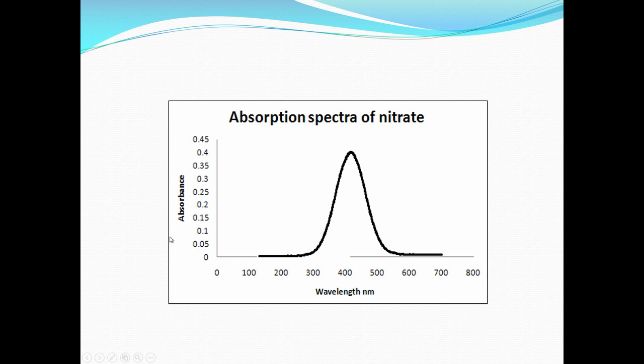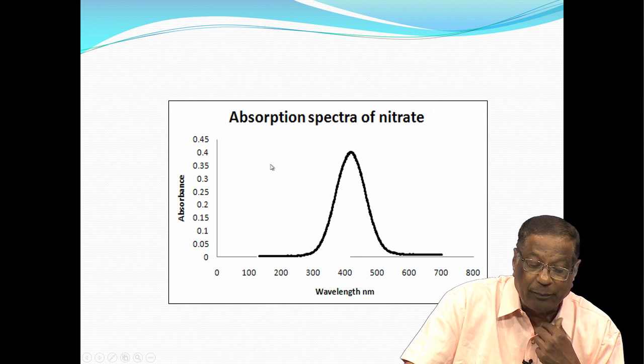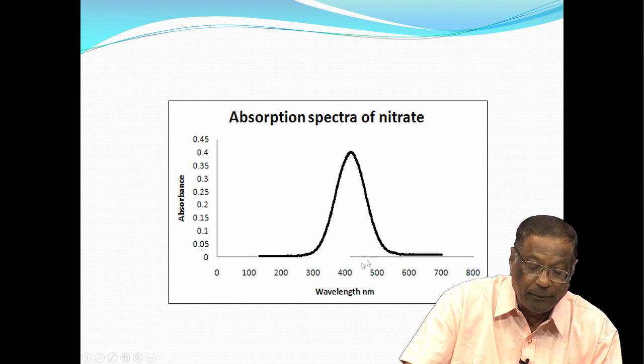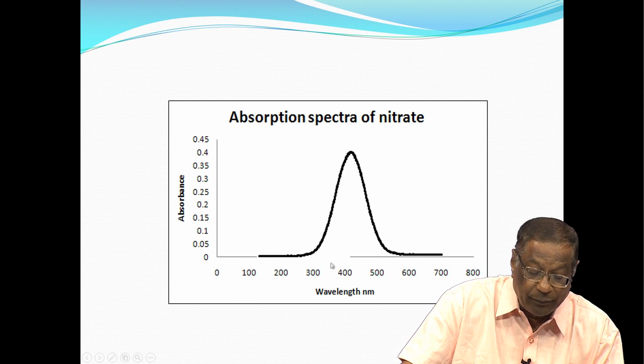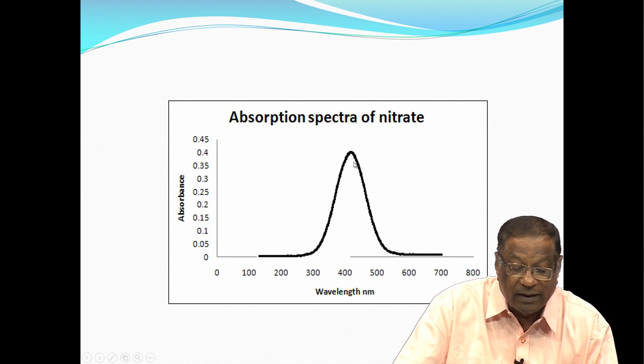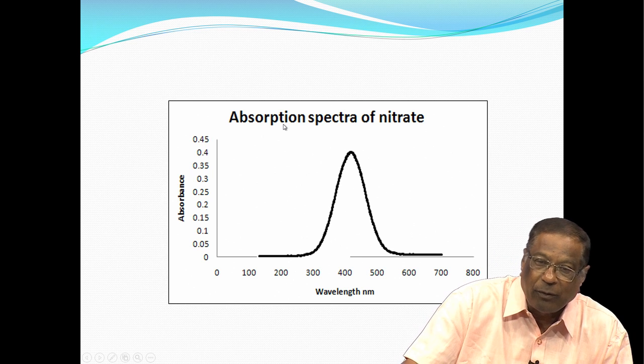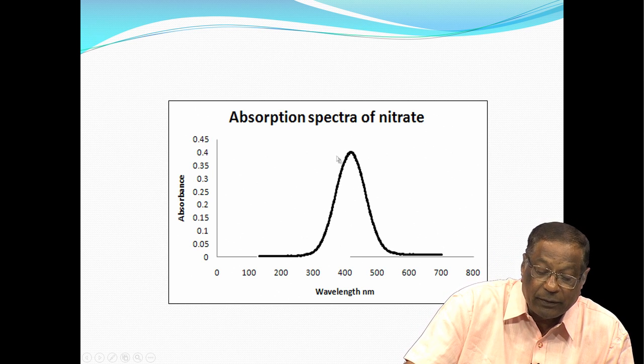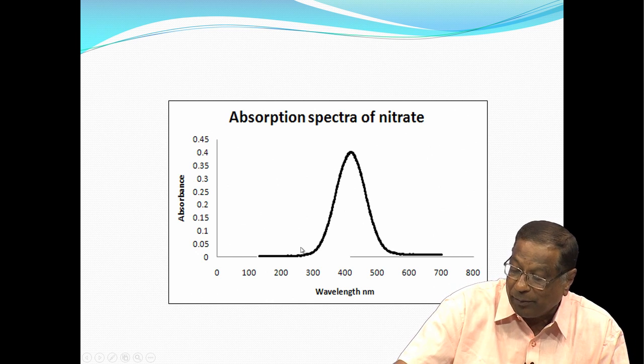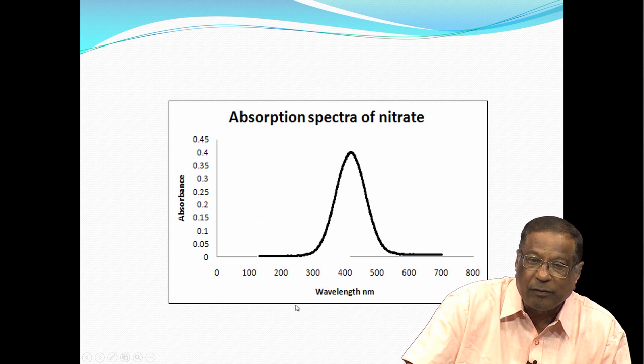So, this is the absorption spectrum of nitrate, and that is how the absorbance varies, and you can see that lambda max is around 410. It is not a very broad molecular peak. So, you should have a fairly good spectrophotometer for the measurement, even though colorimeters have been used for such purpose.